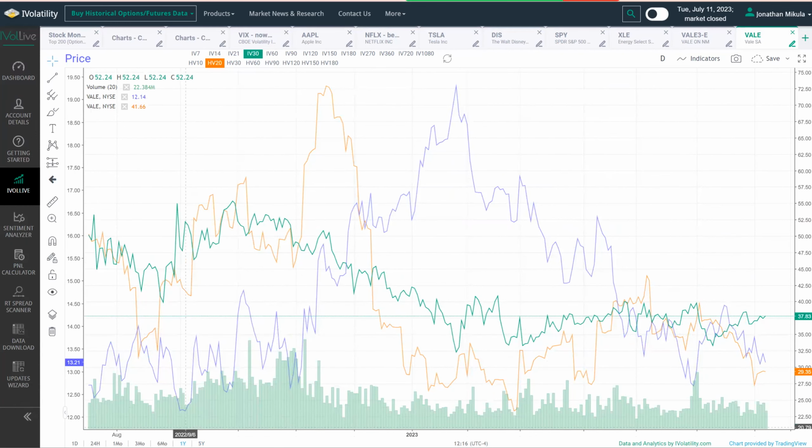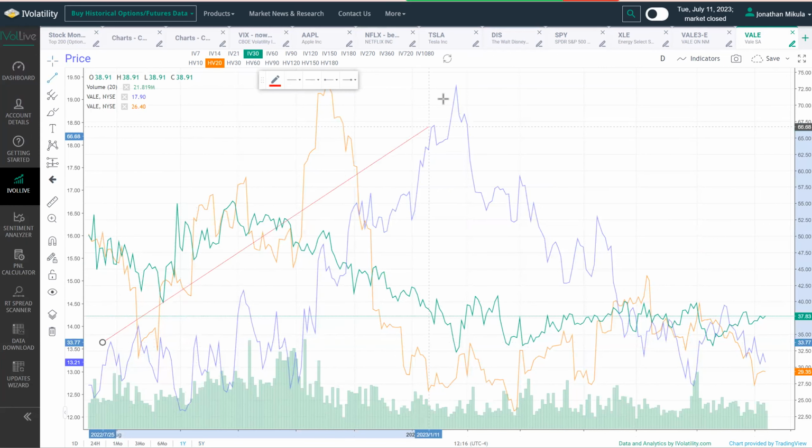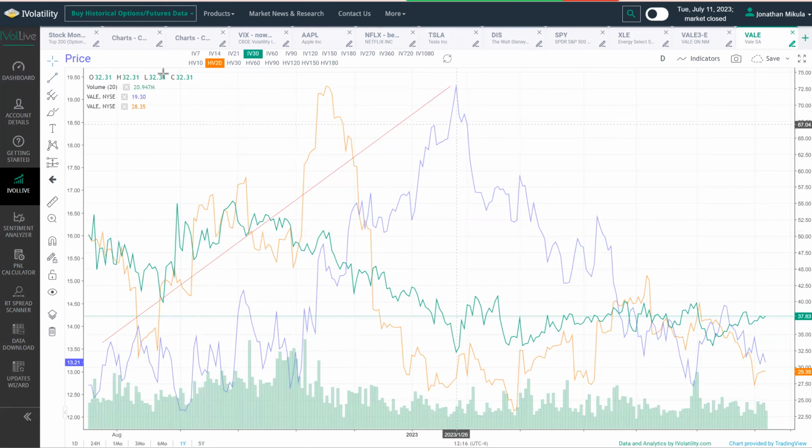I tend to like the 1 year view and below, because this tells me a lot, right? We had this big peak in price. I've got some charts prepared, but for now in real time, this is how I would analyze this. We had this big peak in price, and then we had this giant drawdown in price here. Because price is blue.